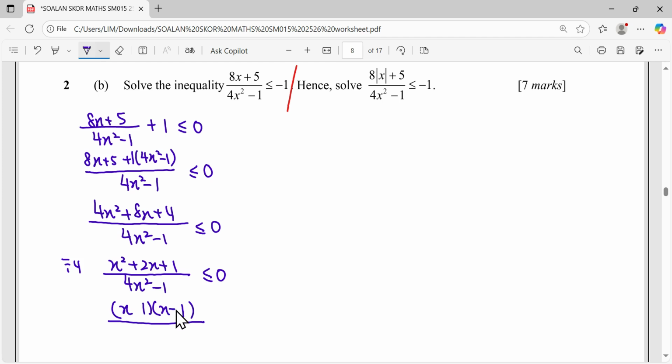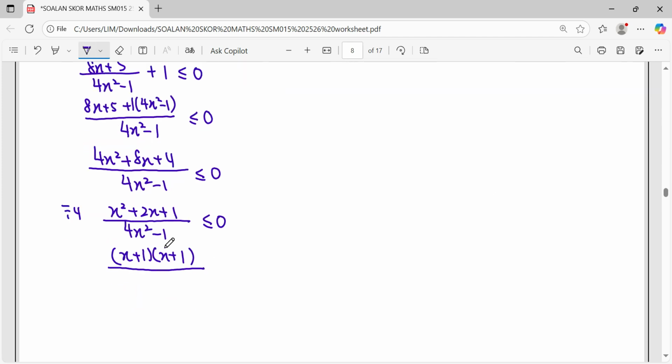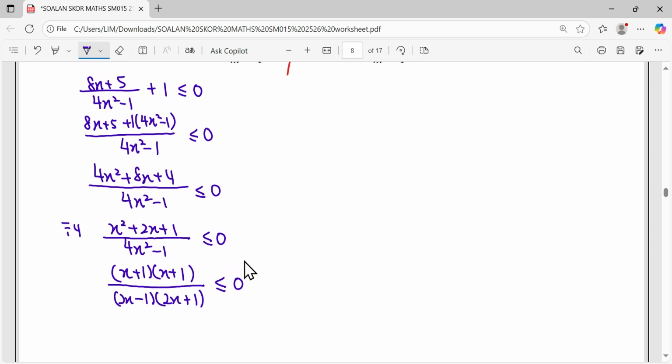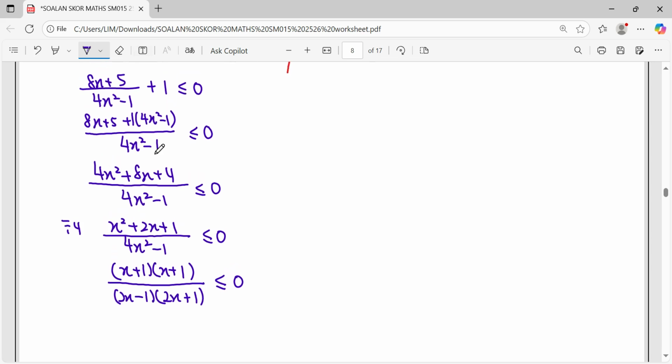Then the denominator, can we factorize 4x squared minus 1? Yes, which is 2x minus 1 times 2x plus 1, less than or equal to 0. Until this stage, simplify until your fraction is in factor form.